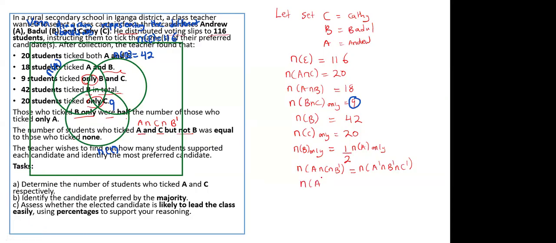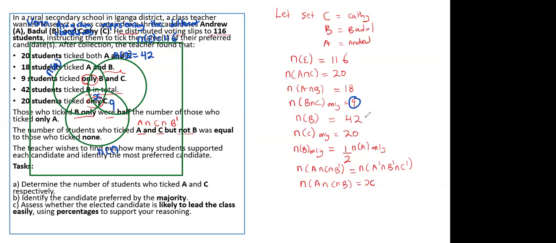You know, there are students who write all on the ballot paper. So that one is what you can define as X. Define it like that. So that means when I come to my diagram, here I'm going to put my X in the middle. That will be my X.